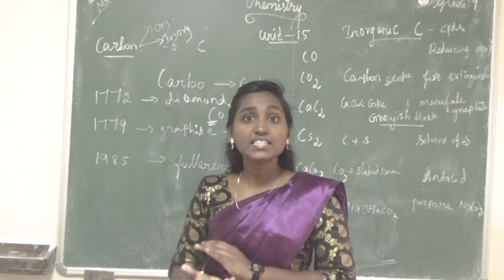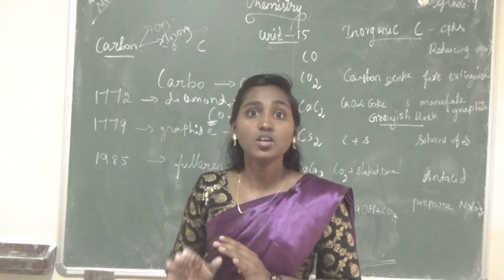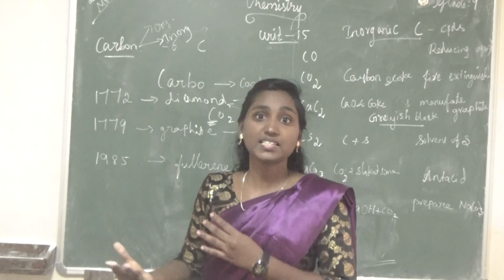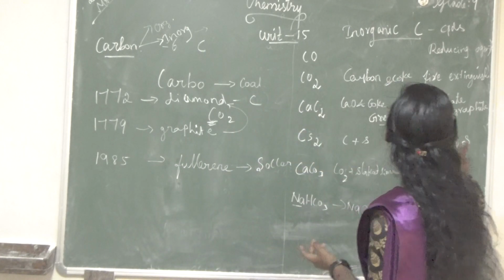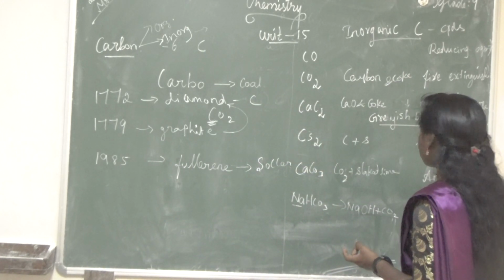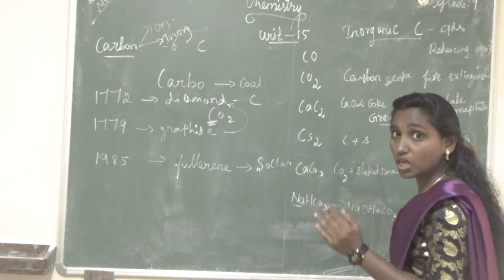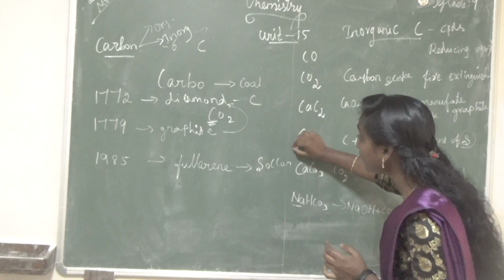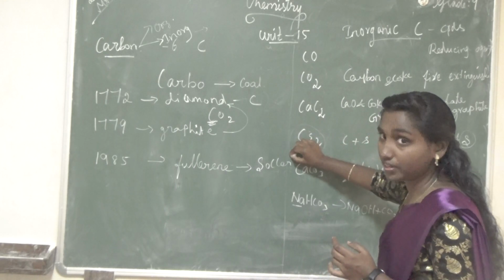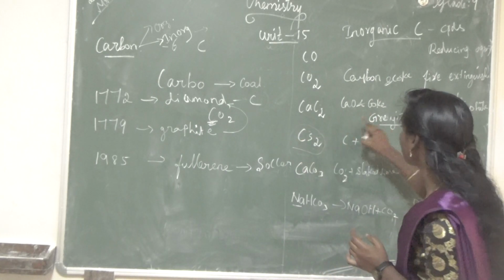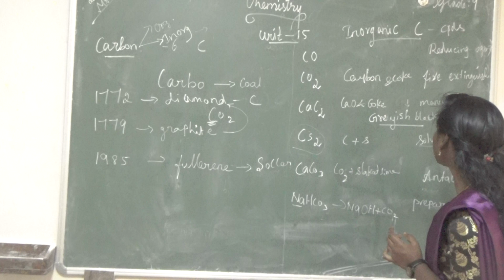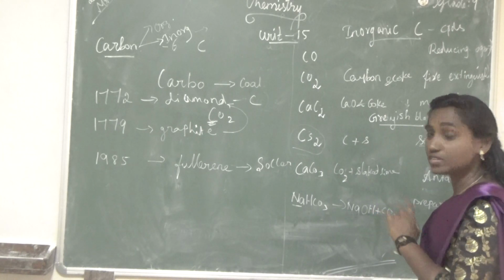But some chemical substances do not dissolve in water. They dissolve only in some other chemical substance. Sulfur does not dissolve in water. It will dissolve only in carbon disulfide. That is the solvent. So carbon disulfide is used as the solvent of sulfur.